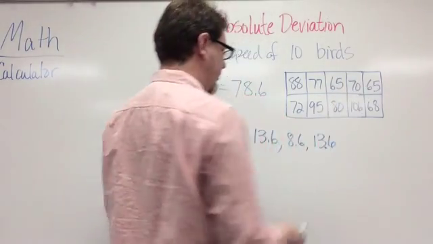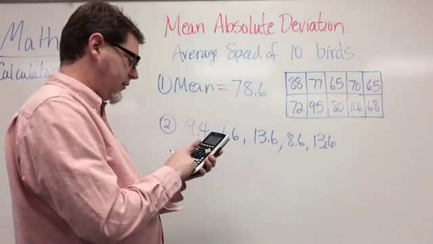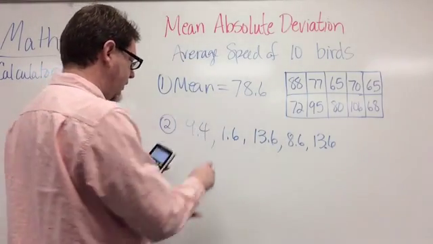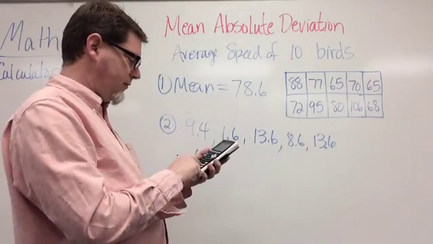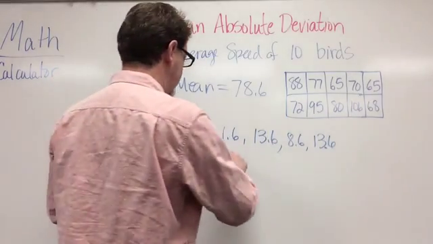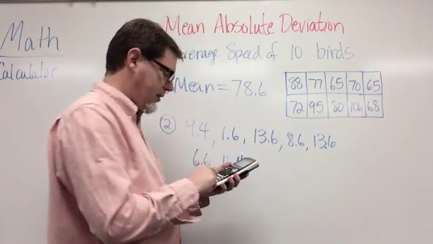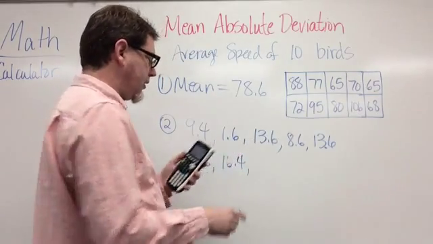I guess it was right there. I could have written it down. And 72 minus 78.6 is negative 6.6, but I just write down 6.6. And then 95 minus 78.6, and I got 16.4. And then 80 minus 78.6, and I got 1.4.